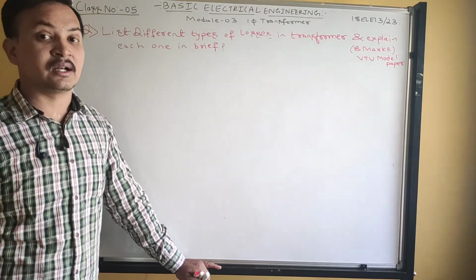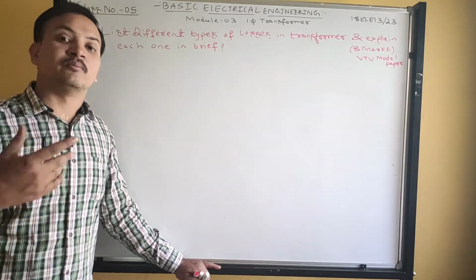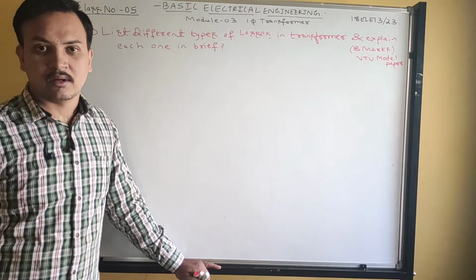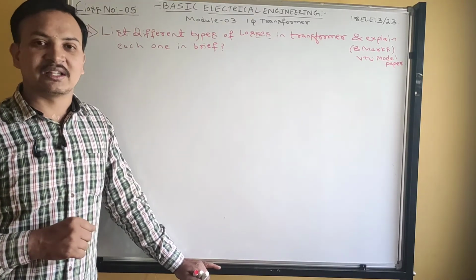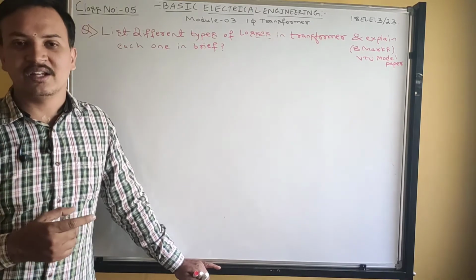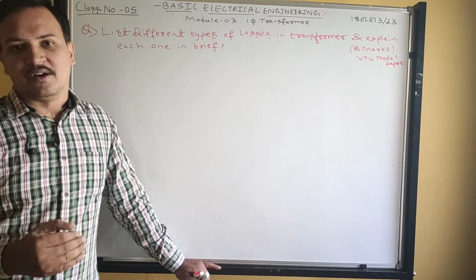How can we reduce eddy current loss? We can reduce eddy current loss by increasing the number of laminations and reducing the thickness of the core material. By reducing the thickness and increasing the number of laminations, we can reduce the eddy current losses.